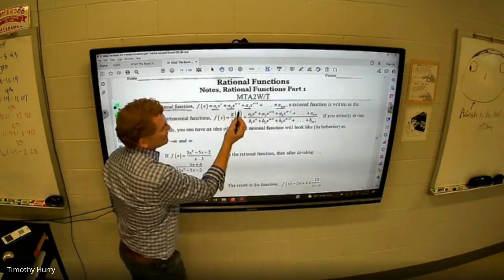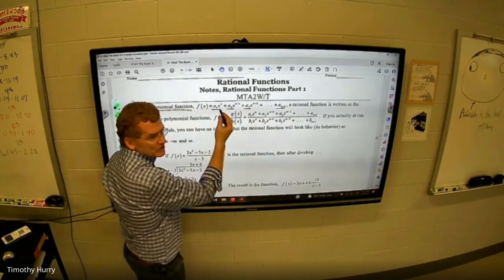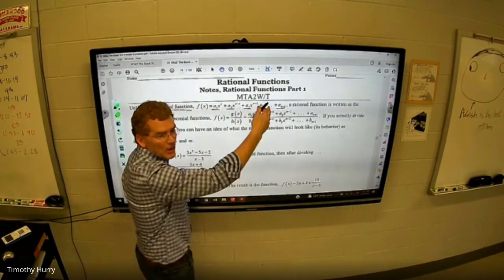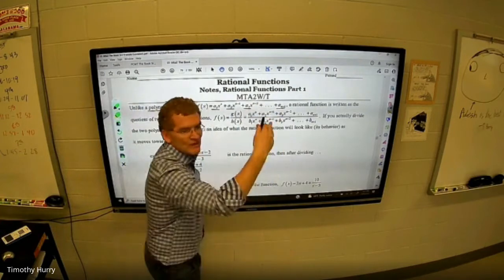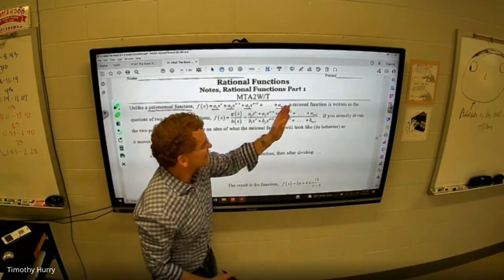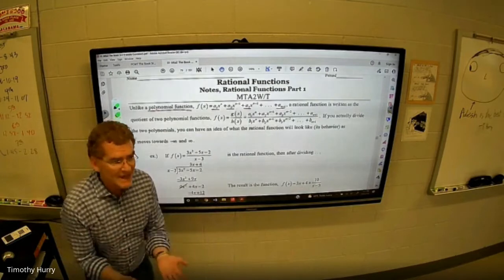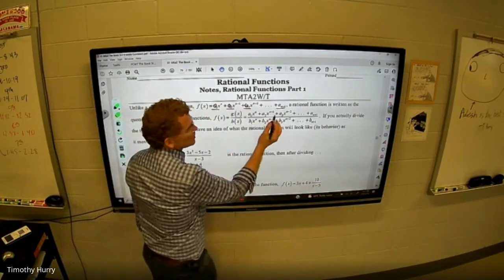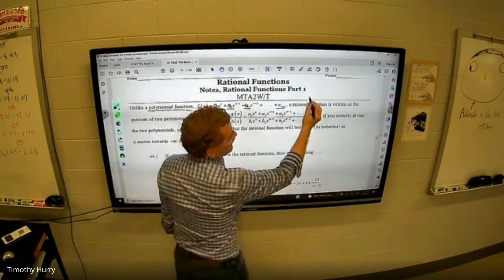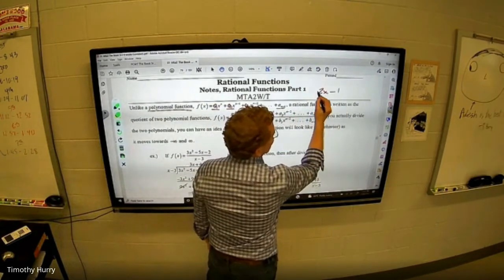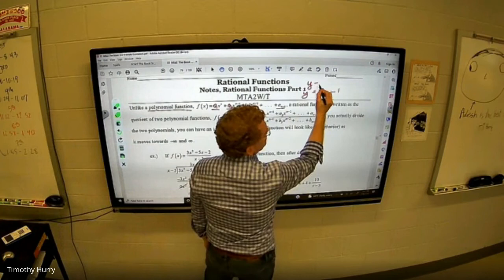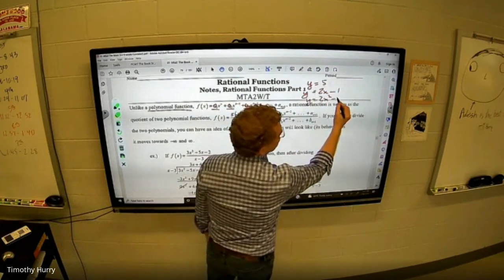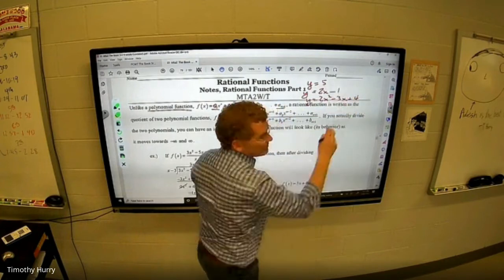Basically it has some coefficient with x to a power, another coefficient with x to one smaller power, another coefficient with x to one smaller power, all the way down to a constant. But technically, if all of your coefficients were zeros, you could end up with a really small term, something as simple as a linear, something as simple as a horizontal line, something as simple as a parabola. Any of these are technically polynomials.